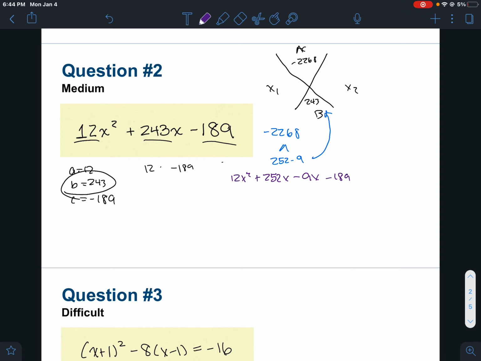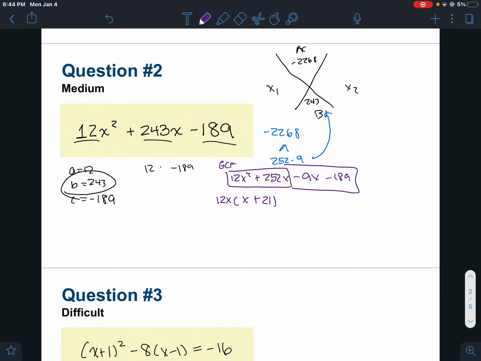The GCF of these two, let me group these up so you guys can just see. It looks like 12x. I think that 12 goes into 252. 252 divided by 12? Yeah. So, x, and then 21.